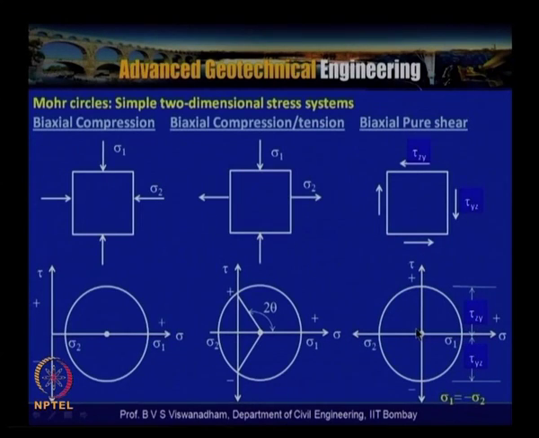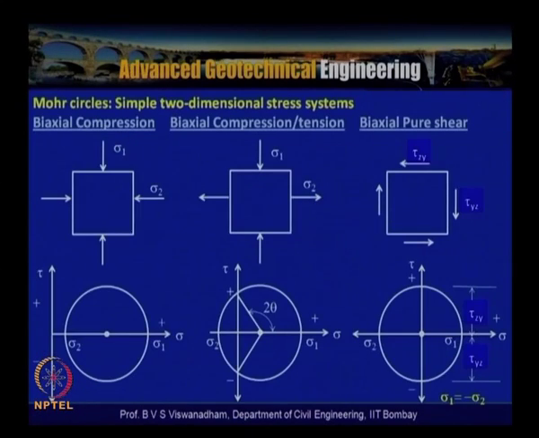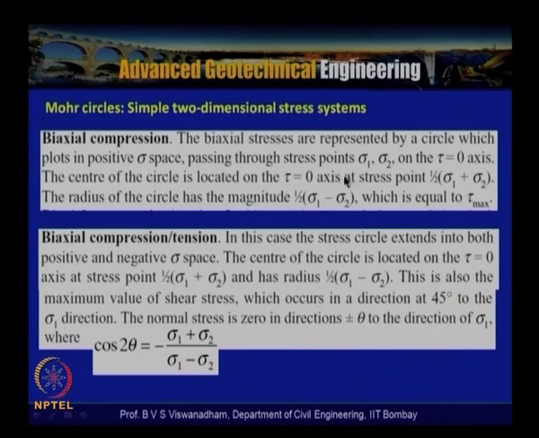So the biaxial compression, these biaxial stresses are represented by a circle which plots in positive sigma space and passes through stress points sigma 1 and sigma 2 on the tau 0 axis.